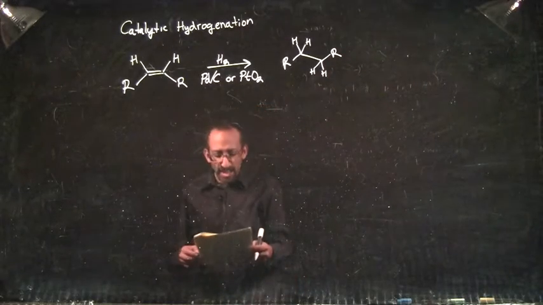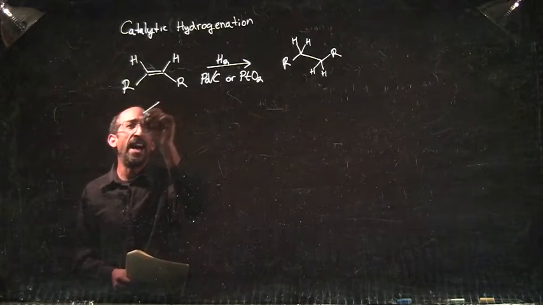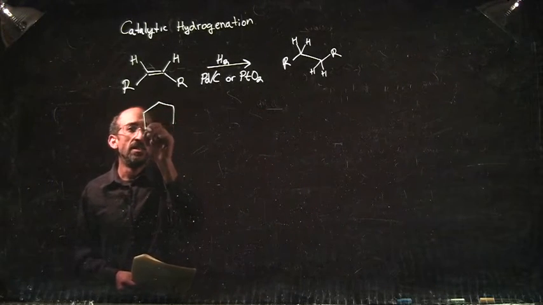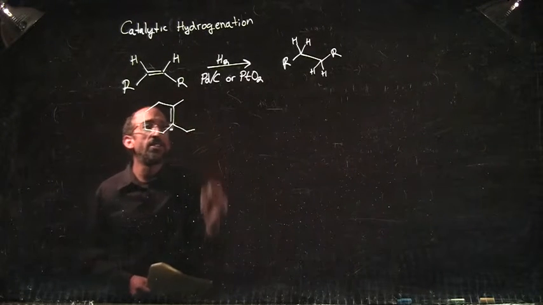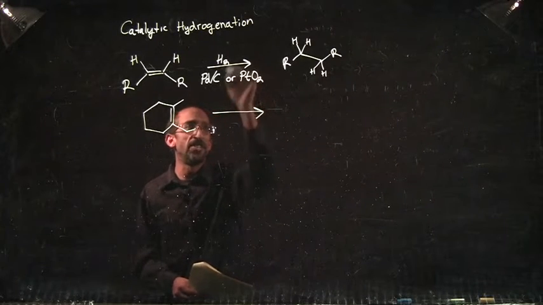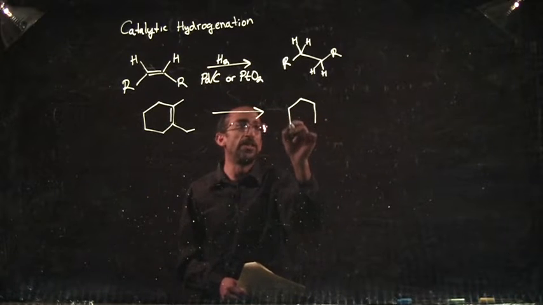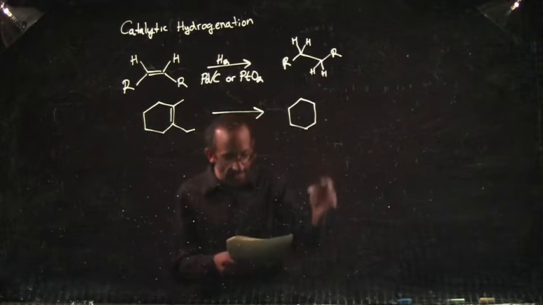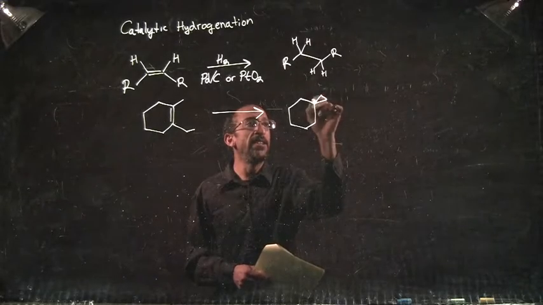Now, catalytic hydrogenation is a syn addition. So if I had an alkene with defined stereochemistry, under these same conditions I have here, those two hydrogen atoms are going to add to the same face of my alkene.